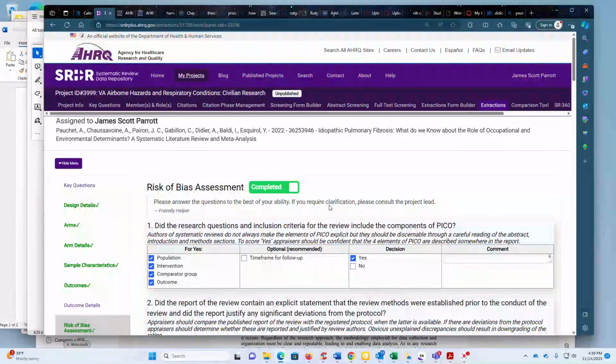There are 2 common risk of bias tools, Amstar2 and Robus. The research that I have seen that compares the 2 indicates that they operate basically equivalently. Robus might be a little better for meta-analyses, but on par, they're both equally easy to use. And you can see how I've set this up.